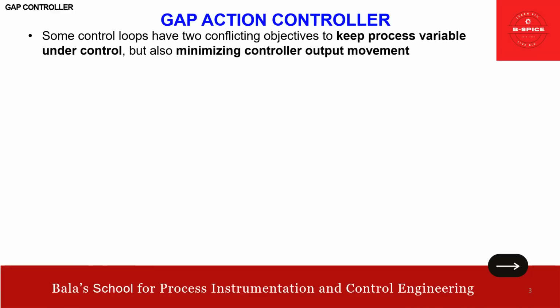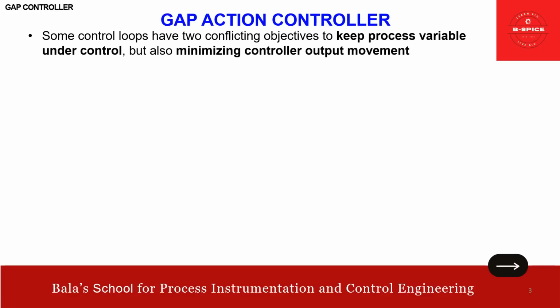So the gap action controller. Some control loops have two conflicting objectives. Remember, friends, two conflicting objectives. What are they? One is to keep the process variable under control, and the other is minimizing the controller output movement.